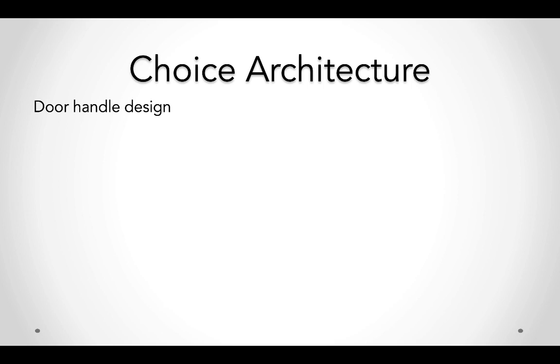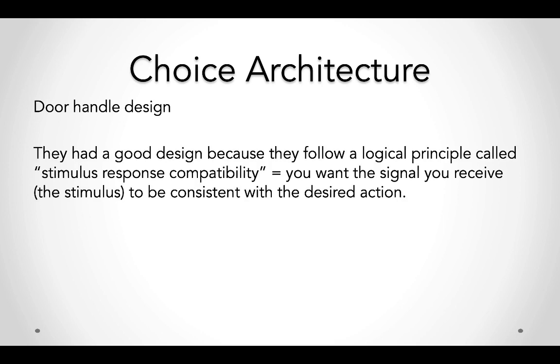As you approach the door, the design of the door will communicate something to you, right? It will tell you what to do with the handle. So the action is using the handle to open the door or close the door, and the choice architecture, the design of the handle, will tell you what to do with it.